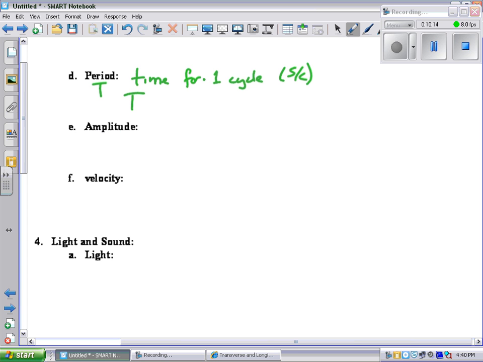So the period is 1 over the frequency. So the bigger the frequency, the faster it's repeating itself, the shorter the period is going to be, and vice versa. They're inverses. So for our particular example, we had a frequency of 0.6, so our period is going to be the reciprocal of that, 1 over 0.6, and that's going to give us 1.66 repeating seconds per cycle for our period.